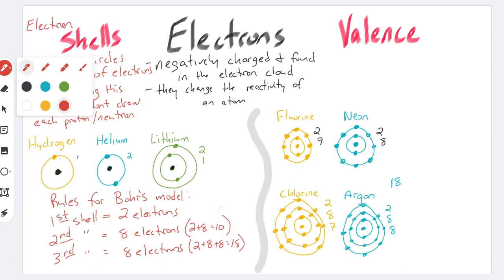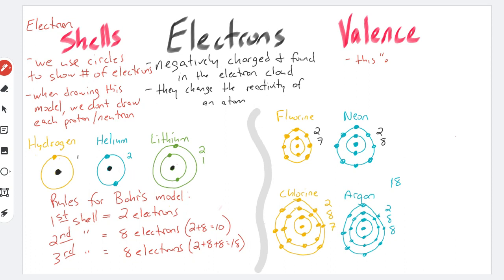So these valence electrons, this outer shell, these are known as valence electrons. Excuse me.